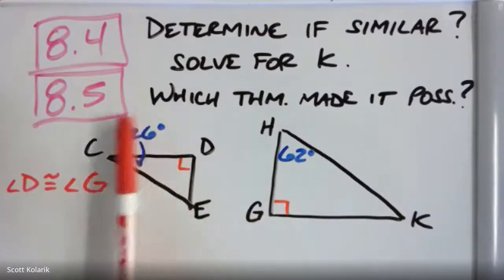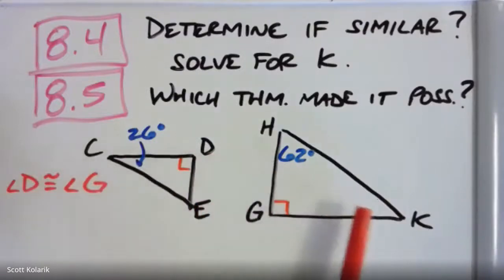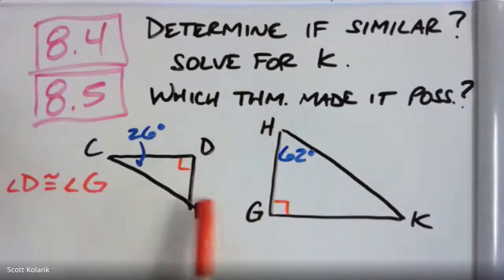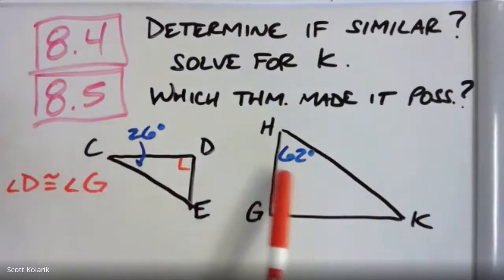So this 26, obviously it doesn't equal that 62, but does this angle equal 26 degrees? Or flip side of the same coin, does this angle E equal that 62? In either case, I need to find the third angle of one of the triangles to determine if either of the other two match this 26, or if either of these two match the 62.